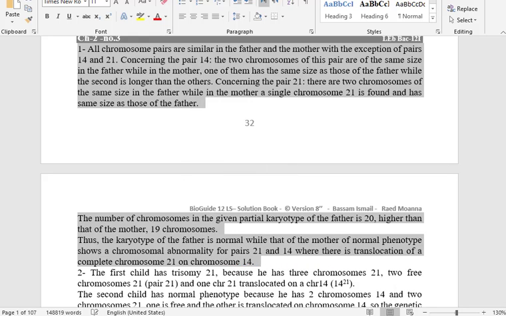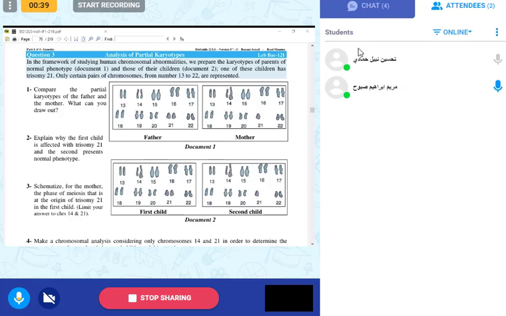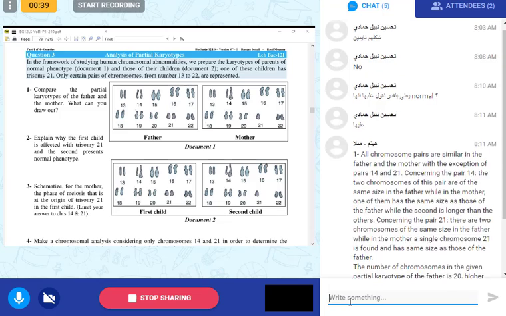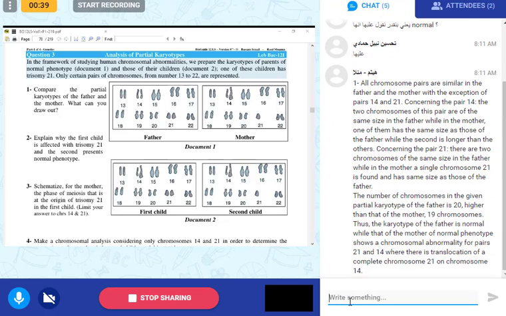So let's see how we can compare, and then how we can conclude or draw out. Look, all chromosome pairs are similar in the father and the mother, with the exception of pairs 14 and 21.